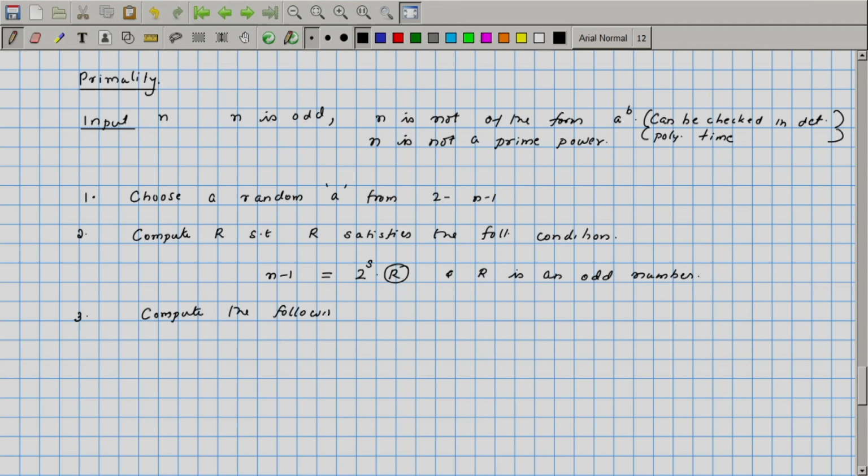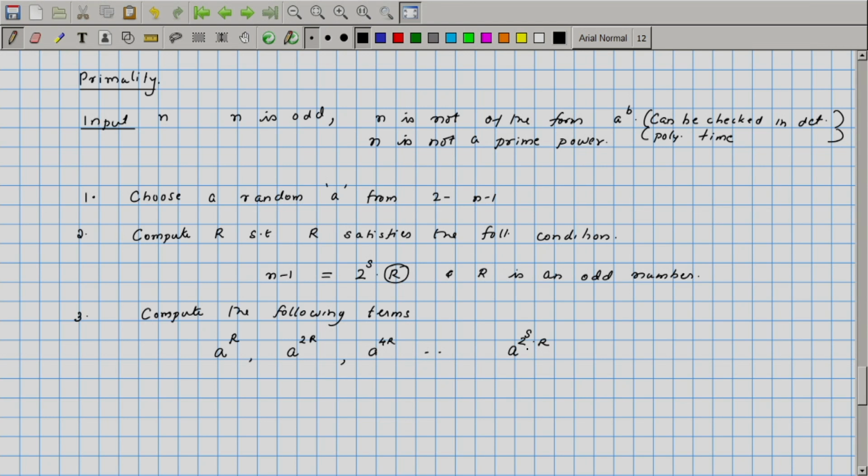So, r certainly is less than n minus 1, and then we will compute the following terms. We will first compute a to the r, and then a to the 2r, a to the 4r, all the way up to a to the 2 to the s times r. So, we keep on repeatedly squaring the numbers that we have obtained. a to the r squared will give a to the 2r, and that squared will give a to the 4r, and then finally we will get a to the 2 to the s times r.